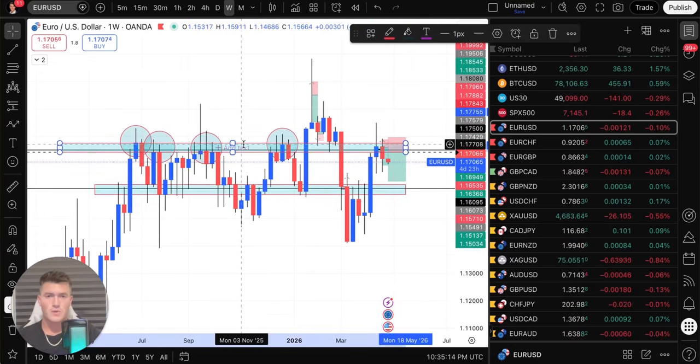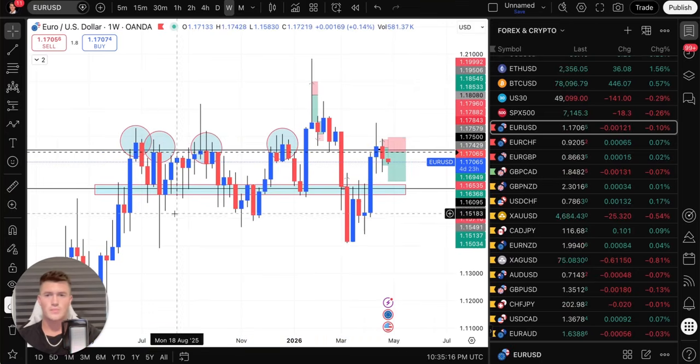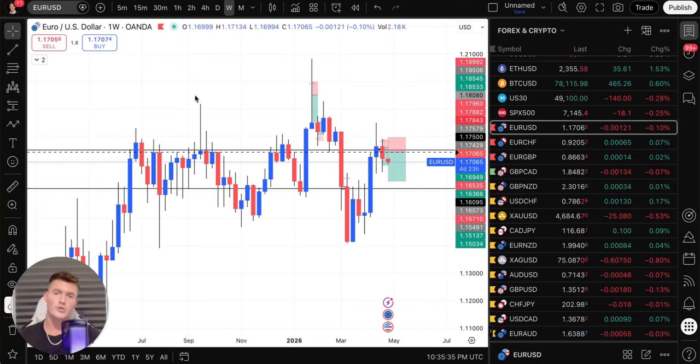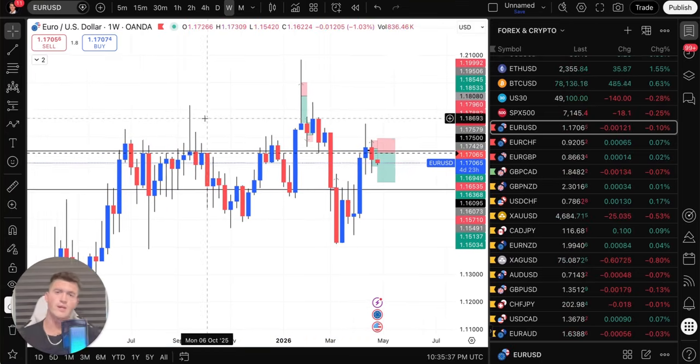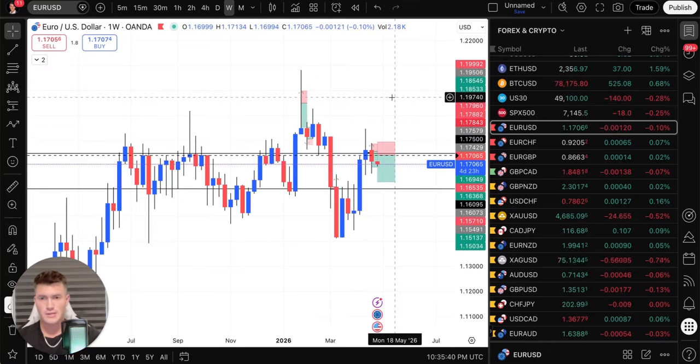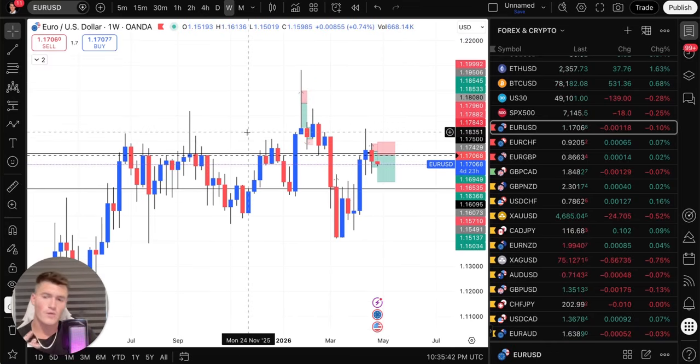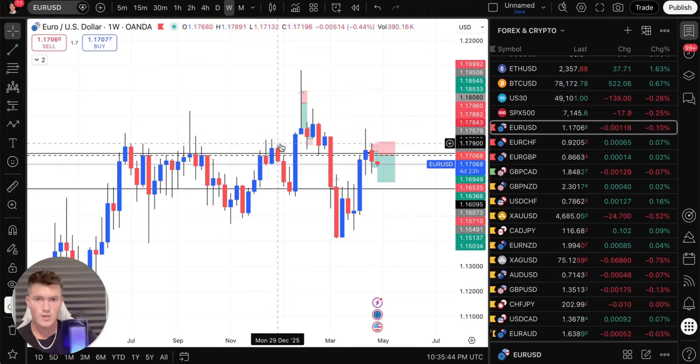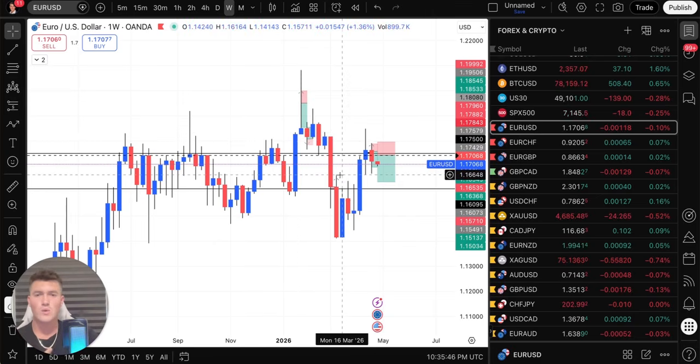Now here on Euro USD, we have identified this is bearish, so we're going to be selling. So I want to look for an area of interest between where my lower high is and my lower low.